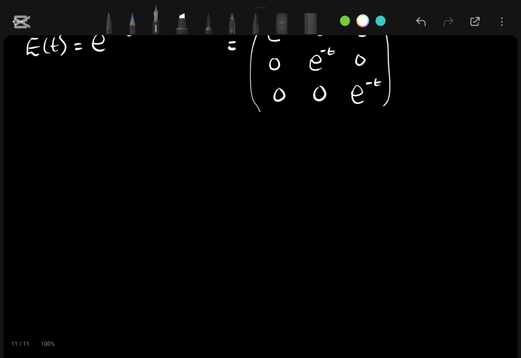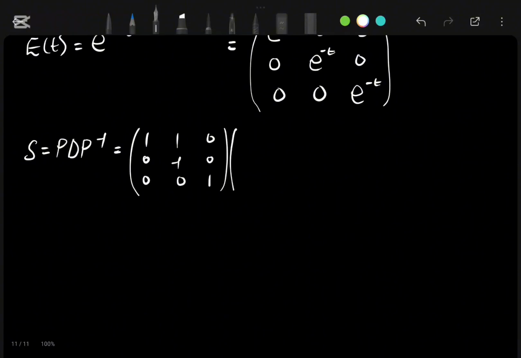Now, we also have to find our S. As I said, our S is given by P, D, P inverse. So our P, which is 1, 0, 0, 1 minus 1, 0, 0, 0, 1.